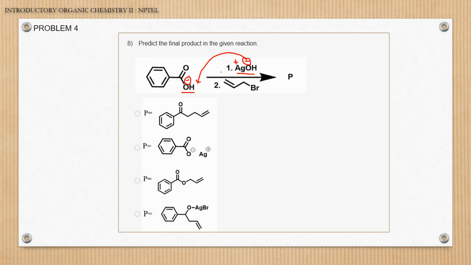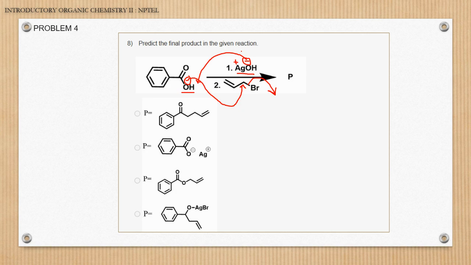And what will happen next? This oxyanion, which is generated at this position, now in the second step will attack the carbon and bromine will leave out. So this is how, first of all, this silver hydroxide will take up one proton from the acid because it is a base.